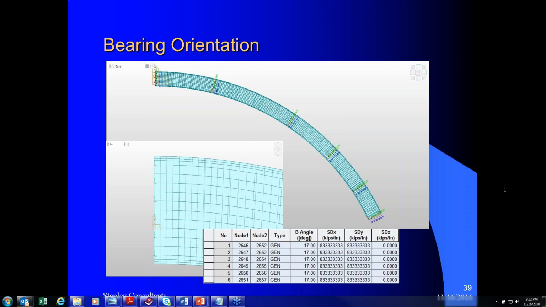In addition to that, you also apply a centrifugal force in the lateral direction for the effect of the mass of the truck, because the truck is still trying to move out, and there is a friction force in the lateral direction pushing the bridge out.